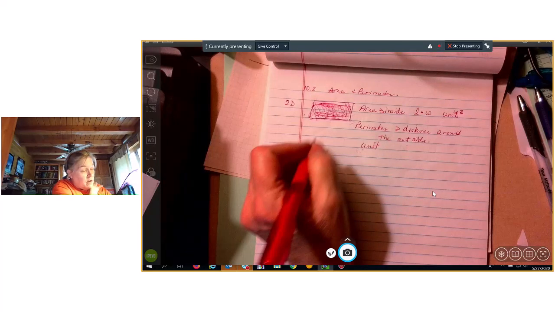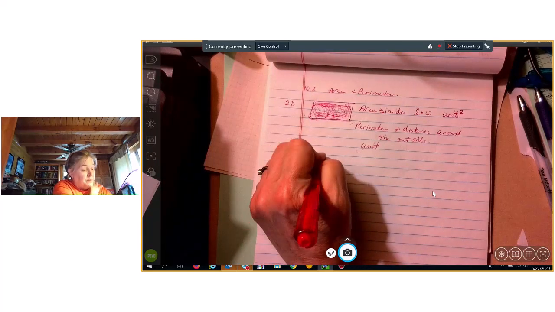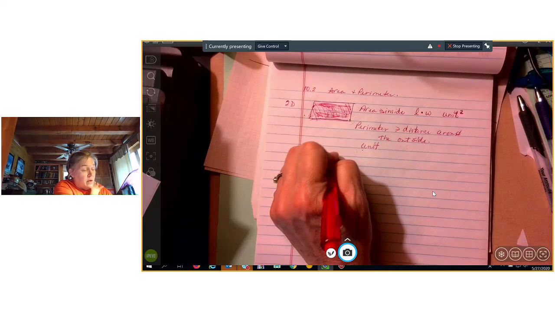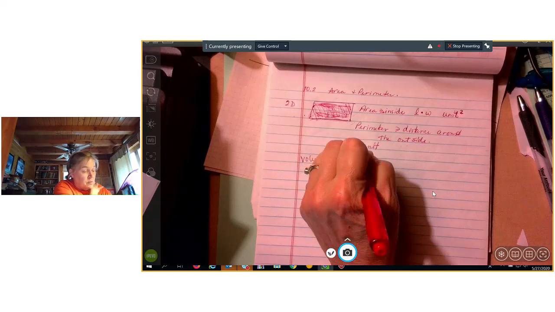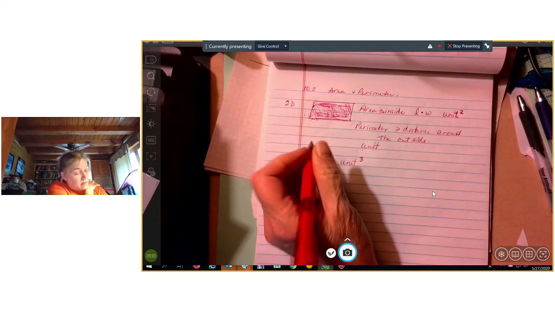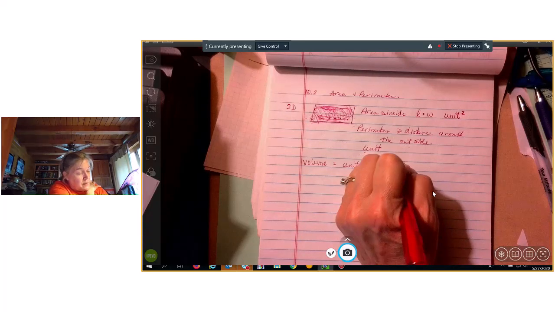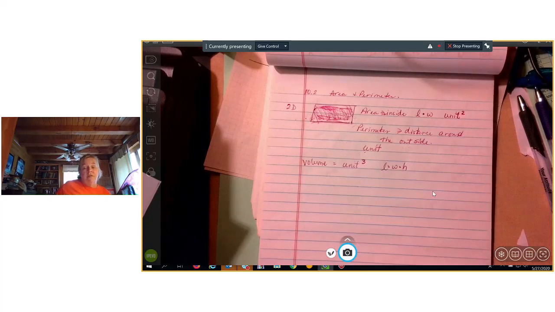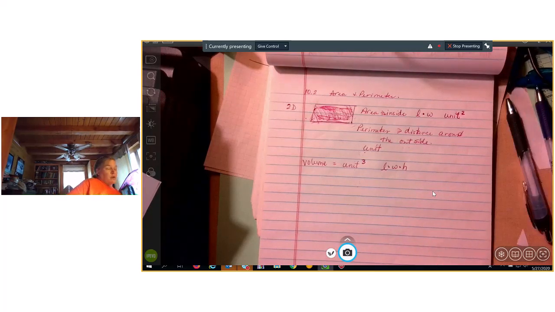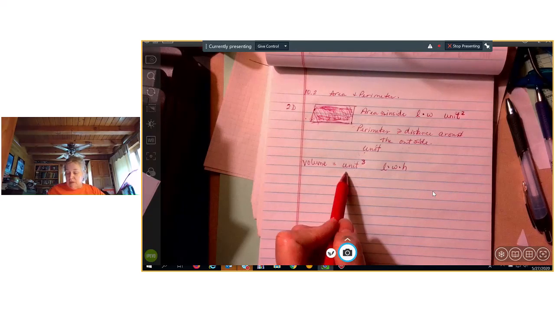So when we do volume, it's going to be units cubed, because I'm doing length times width times the height. Now, different books may call it different things. So you just need to make sure that whatever book you're using, that you know, but volume will always be whatever unit you have, and it will be considered units cubed.